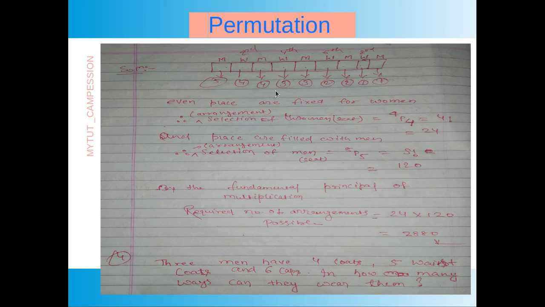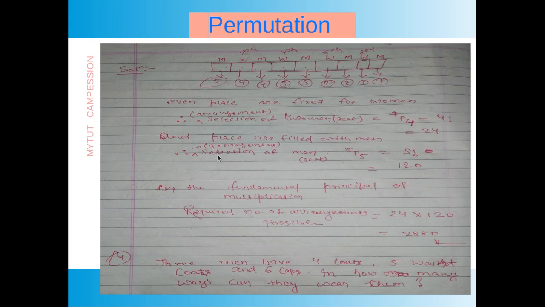To complete this task you apply the fundamental principle of multiplication, so you multiply 5 into 4 into 3 into 2 into 1, which is 5 factorial, and 4 into 3 into 2 into 1, which is 4 factorial. Done this way, you get the same answer.